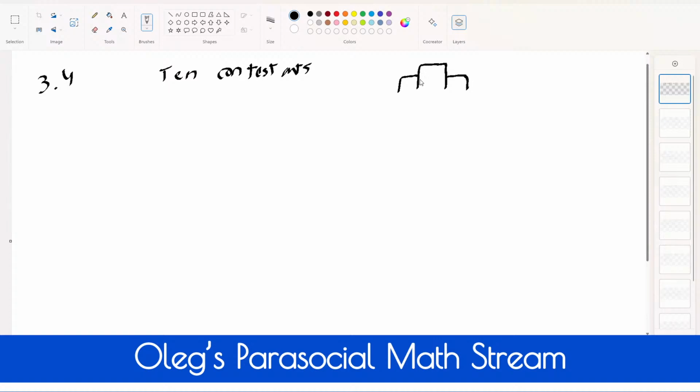So now, 3 spots. Let's take out the words; I want numbers. So n equals 10, k is equal to 3.